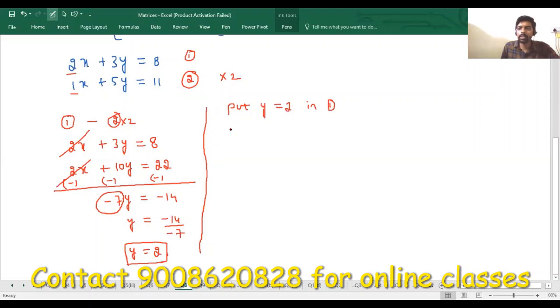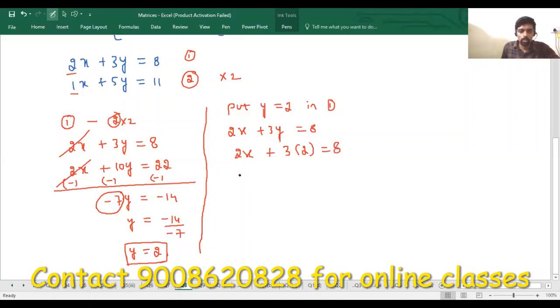I'll substitute this in equation 1. So 2x plus 3y equals 8. So 2x plus 3 into y. Guys, in place of y, I will substitute 2. So 3 into 2 equals 8.